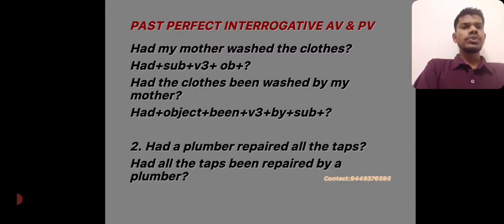Same way we can use it for the second sentence also. Had a plumber repaired all the taps? So need not bother about the object singular or plural, just identify the object, that's all here. Had all the taps been repaired by a plumber? So this is the example for interrogative.